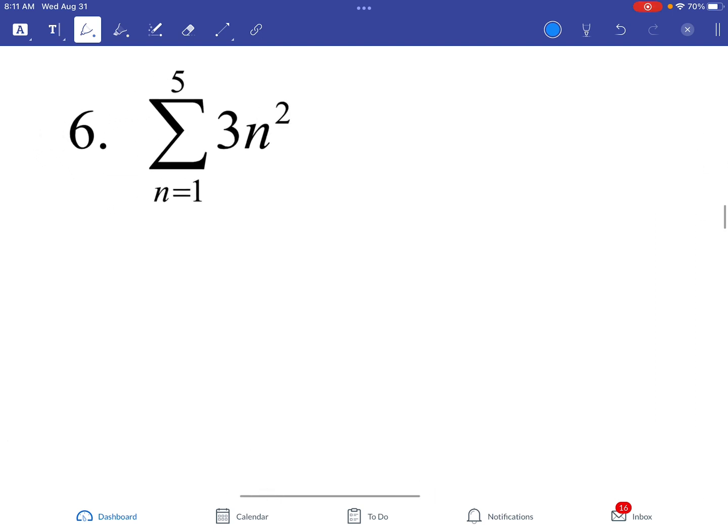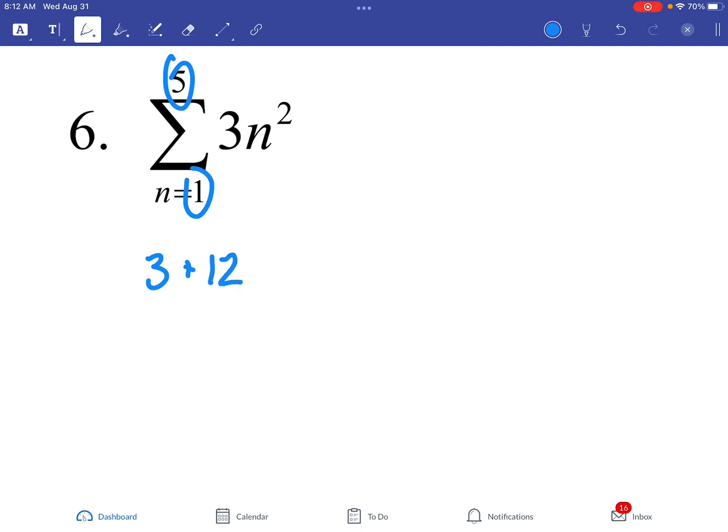Again, we're starting at 1. We're ending at 5. So putting in 1 for n, we have 1 squared is 1 times 3 is 3. 2 squared is 4 times 3 is 12. 3 squared is 9 times 3 is 27. 4 squared is 16 times 3 is 48.